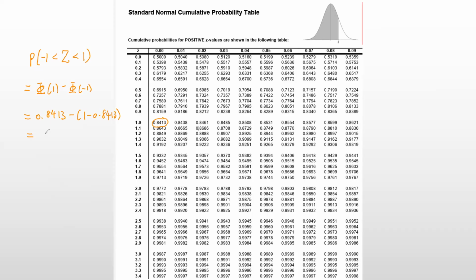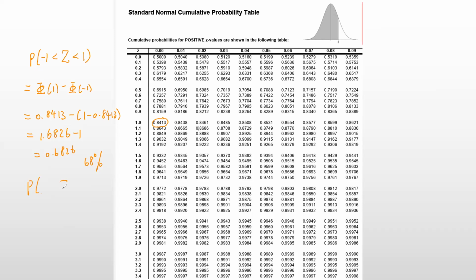It's 1.6826 minus 1, so it's 0.6826, and normally people just approximate it by 0.68, so 68%. People would say 68% of the data would be within one standard deviation away from the mean.